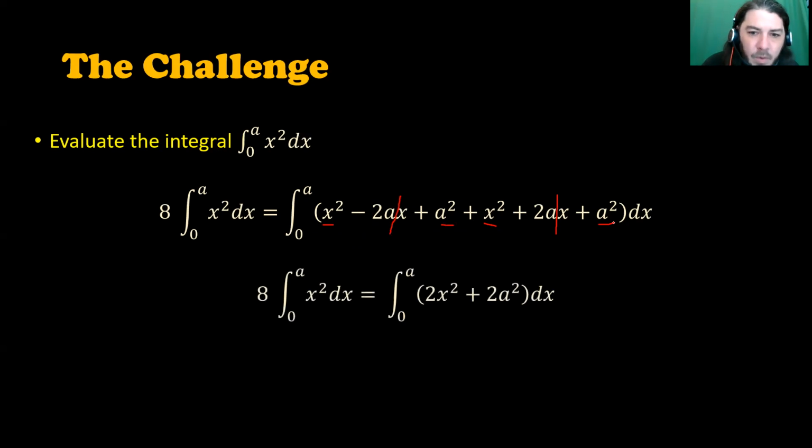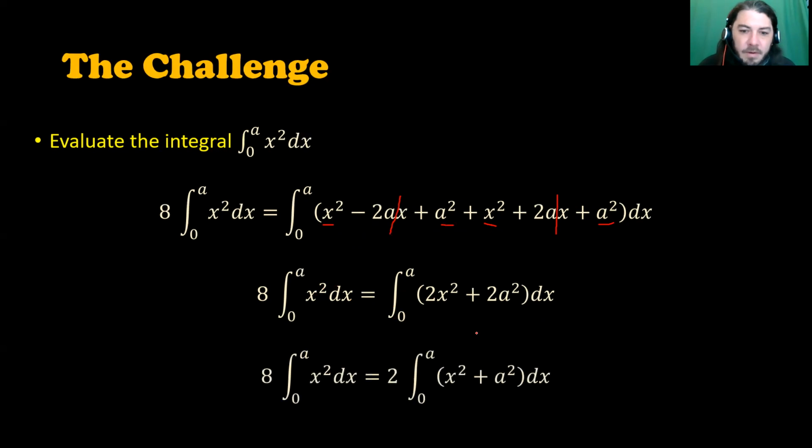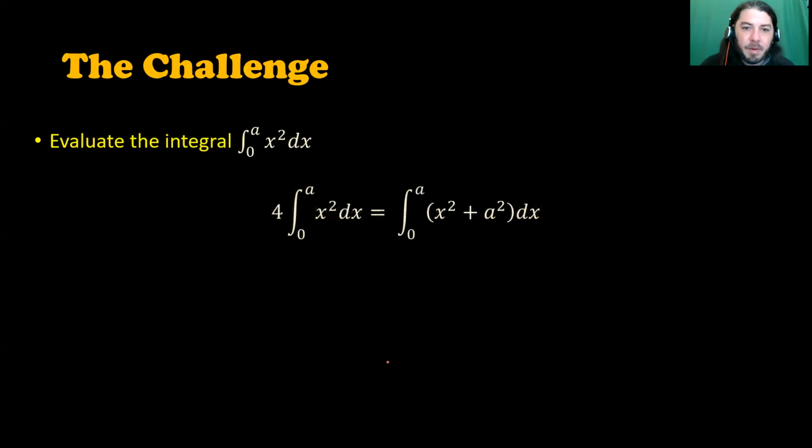So if we simplify even more, 8 times our original integral is equal to the integral from 0 to a of 2x squared plus 2a squared dx. All right, I think we're getting somewhere here. Let's go even further. Let's factor a 2 out of the integral on the right. Then we can take this 2 and divide it over, and it'll become a 4. Okay, it's looking a little bit nicer now.